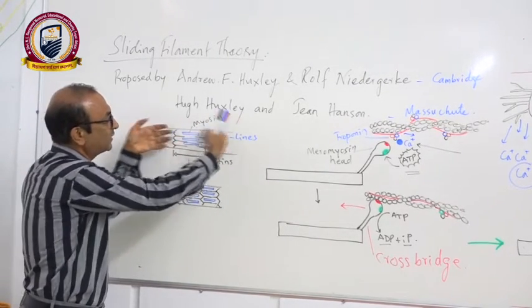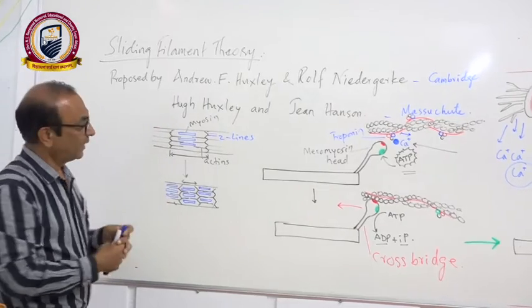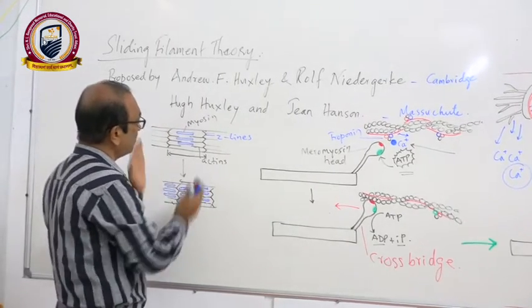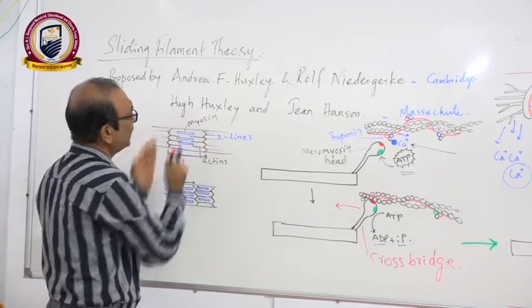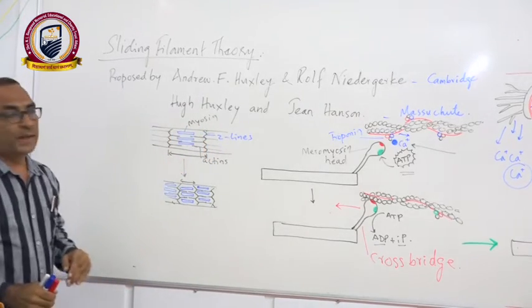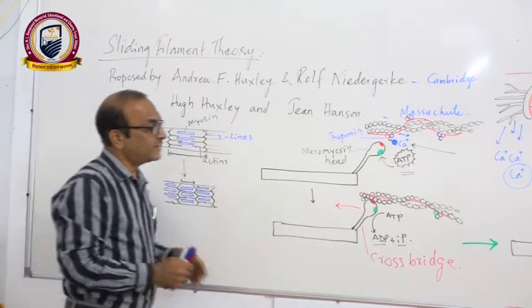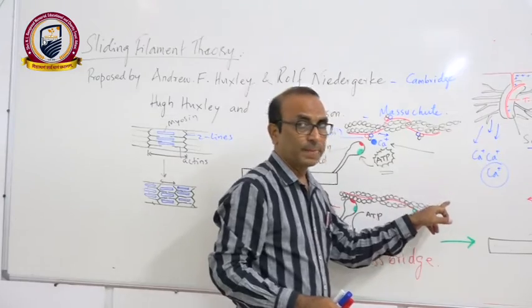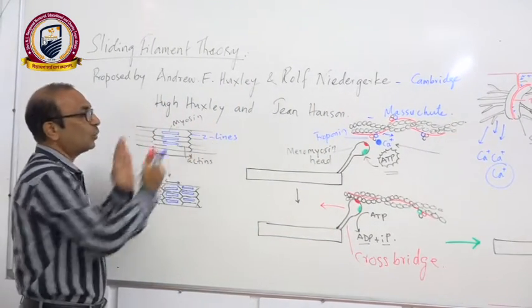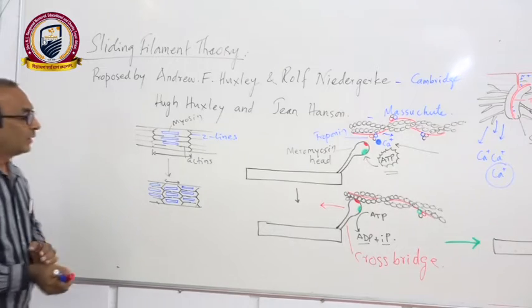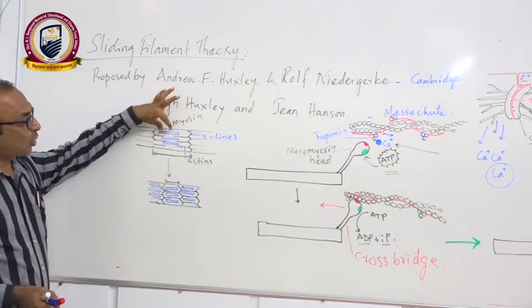So towards the center of the H zone they will be moving, and ultimately the two Z lines will be brought very close to the myosin, because these Z lines are attached to the actin molecules. So as the actin molecules move inward, the Z lines also move inward, and that is how the sarcomere shortens.